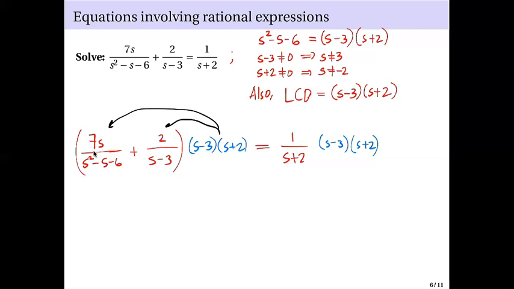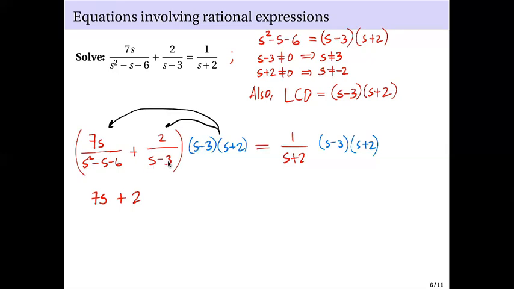For this one, the whole of s squared minus s minus 6 will be cancelled because this product here is s squared minus s minus 6, which means we have 7s in here, plus we have the 2, and then in here the only expression that will be cancelled is s minus 3.